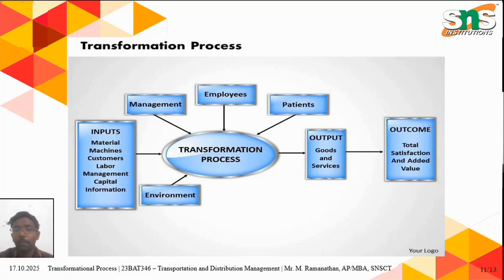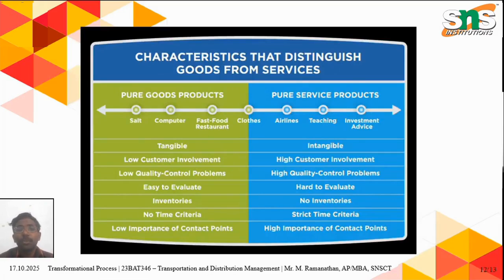That's the important one. Next are a few characteristics that distinguish goods and services. There are products and there are services, so you should know what a good is and what a service is. Goods are tangible and services are intangible.